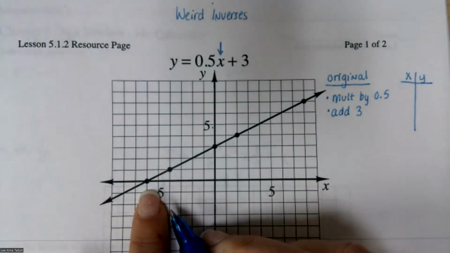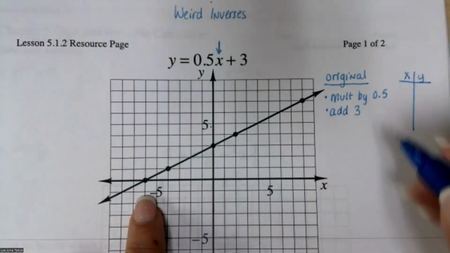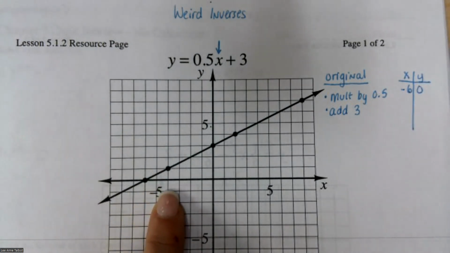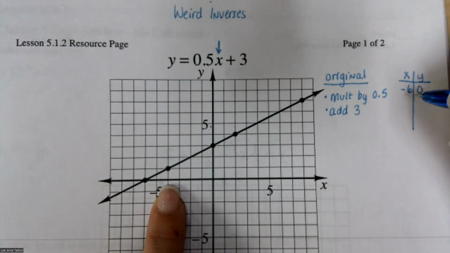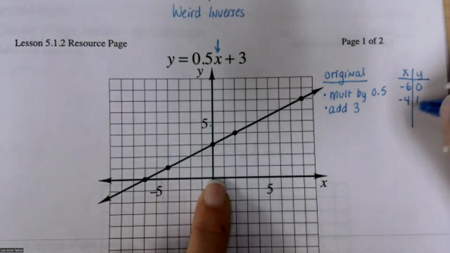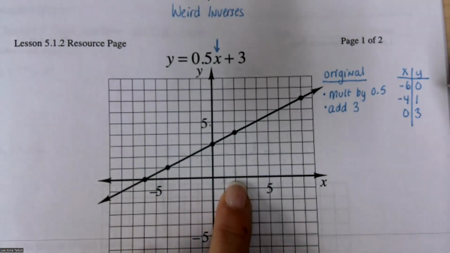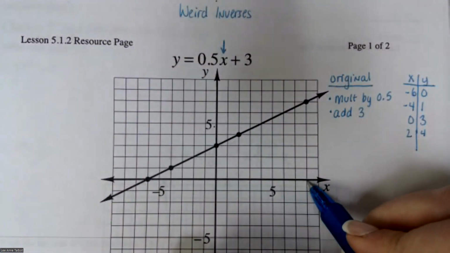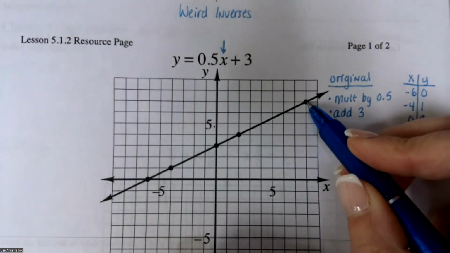Okay, now I'm going to get these points off of the graph and put them in a table. So this point is -6, 0. This point is -4, 1, 0, 3, 2, 4, and 8, 7.